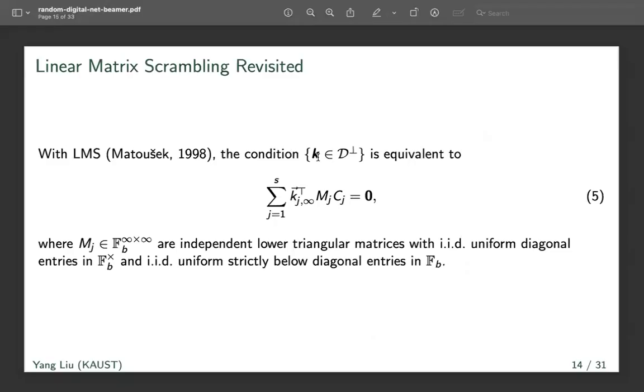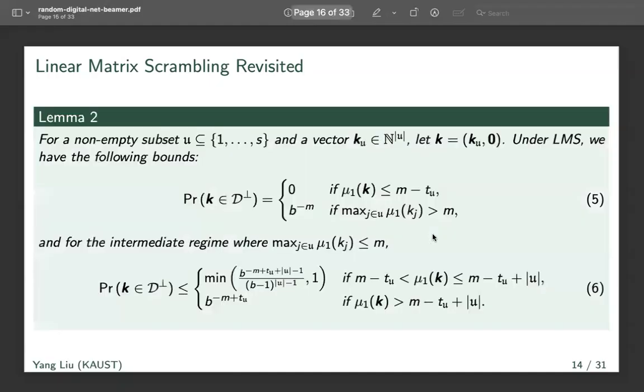With this linear matrix scrambling, one usually chooses this C_j as deterministic generating matrices, for example, the Sobol sequence. And then this matrix M is the randomization, so it has some structures. And we derive the probability bound for a given k that belongs to this dual net.